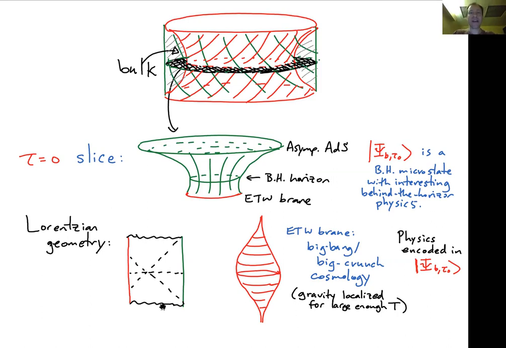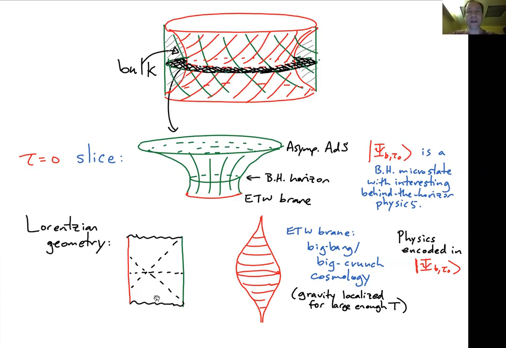And I imagine if you now did the same thing and add a scalar field, I suspect that you would find similar solutions, but now maybe it would look like there's some scalar matter coming out of the black hole and it falls back in the black hole. So just from the classical gravity point of view, it seems to me that there are solutions like this.